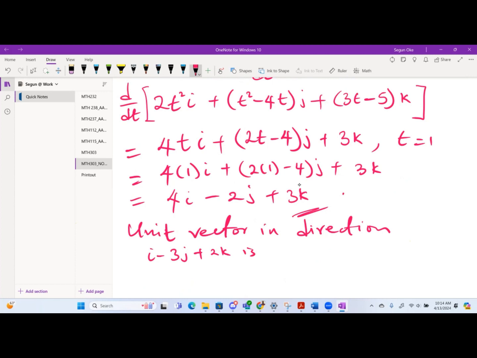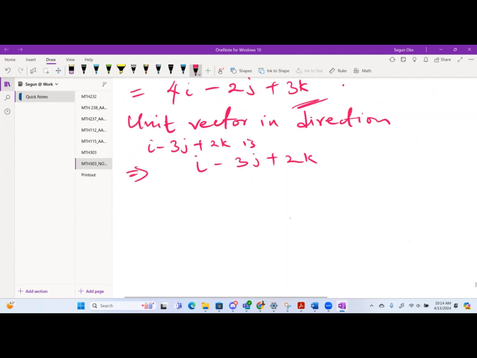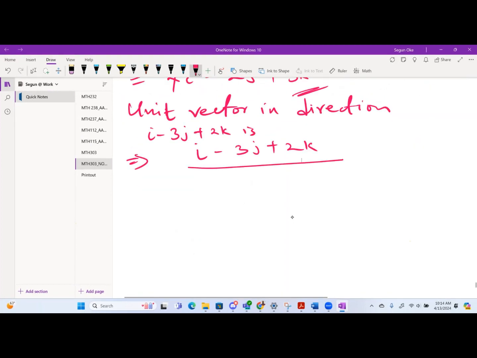So we have i minus 3j plus 2k over the square root of 1 squared plus negative 3 squared plus 2 squared.